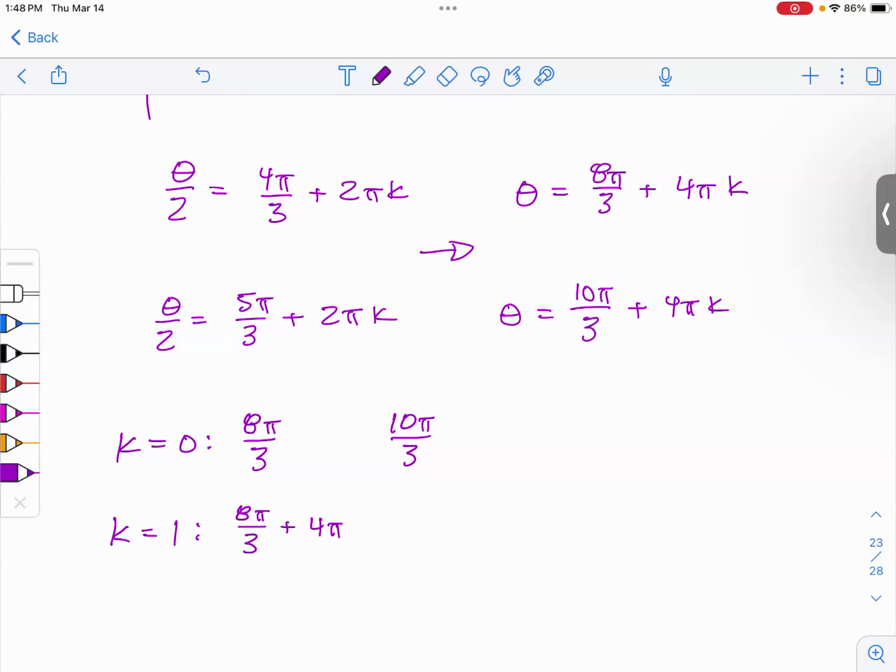So plus 4 pi: 8 pi over 3 plus 12 pi over 3 gives 20 pi over 3.